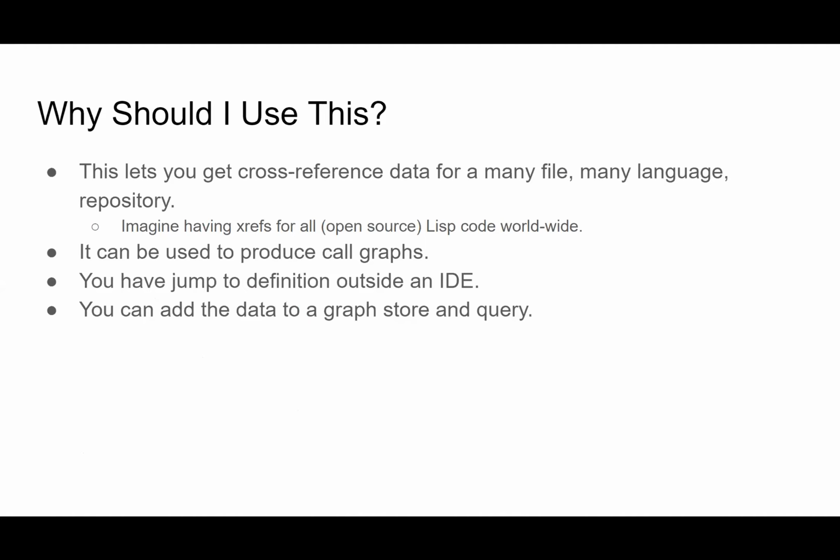You can even get the CFFI calls, so long as you can figure out how C++ uses its VNames. It can be used to produce call graphs. You can make these jump definitions outside of an IDE. So on GitHub, you can click verbose and find every place verbose is used. And you can add the data to a graph store and do queries.